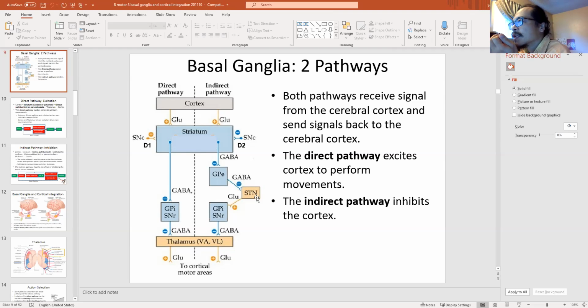And these two new components will reverse the effects, will make the opposite effects from the direct pathway, because now we have this globus pallidus external, which is inhibitory, release the GABA, and the subthalamic nucleus, this one release glutamate, and excite this globus pallidus internal or the substantia nigra pars reticulata.